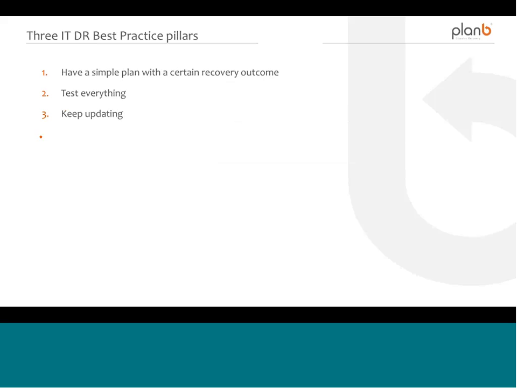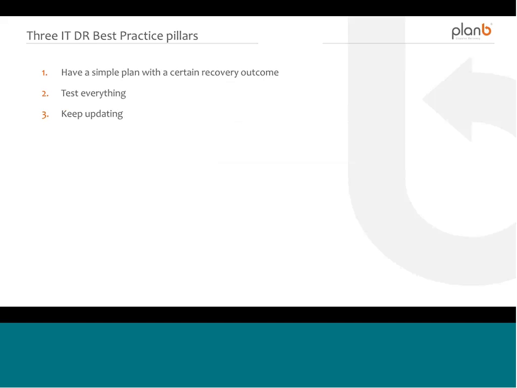So pulling that into a bit more detail, there are 3 really strong best practice pillars for thinking about how you plan for mitigating risk for IT. And the first thing is to have a simple plan.